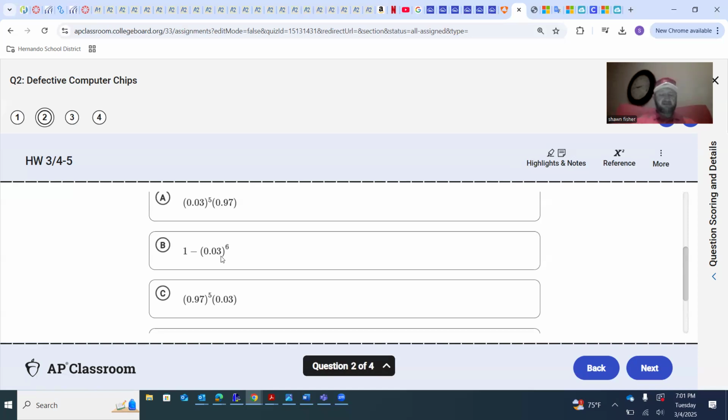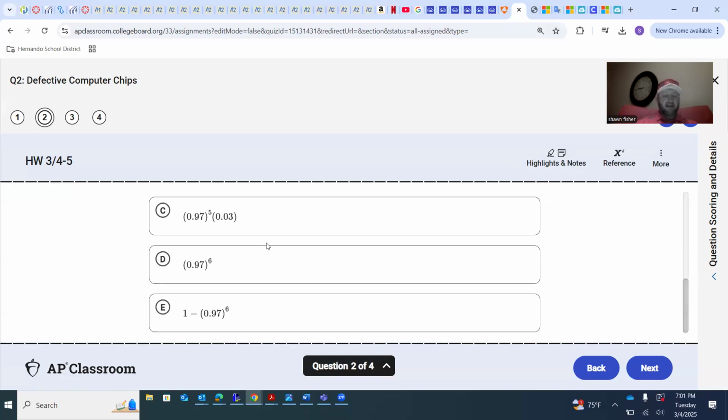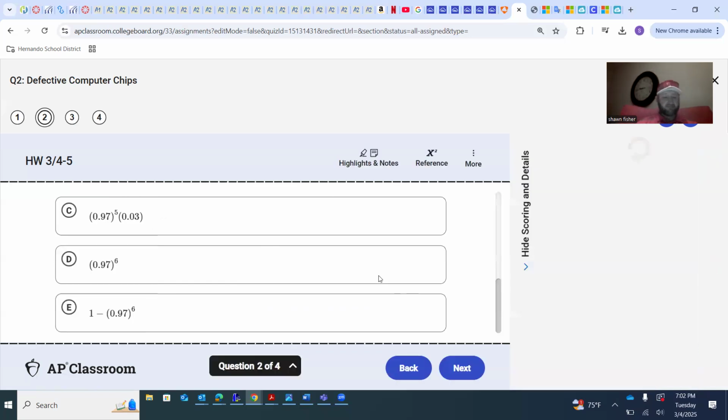I'd have to write it down just a little bit. 1 minus all 6 of them are bad, right? 1 minus all 6 of them are bad. I don't like this choice here. I think answer C would be a little bit better. The first 5 are good, and the last one is bad. I think I like that one the best. These here that have 1 minus are a little bit confusing. And then D says that all 6 of them are good that I actually find. I think C is a little bit better.